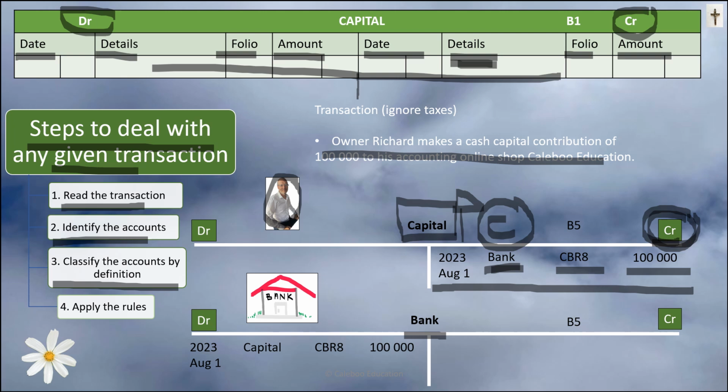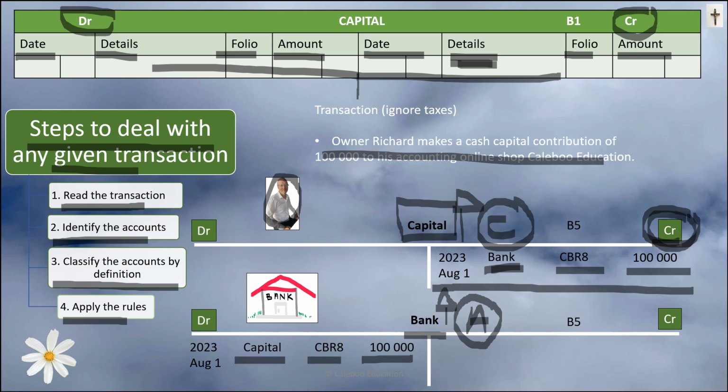So capital was credited. Bank has a positive bank balance. That's an asset. I apply the rule, an increase in assets, because the business bank account has increased by 100,000 after this capital contribution by the owner. The information went through the cash book receipts.